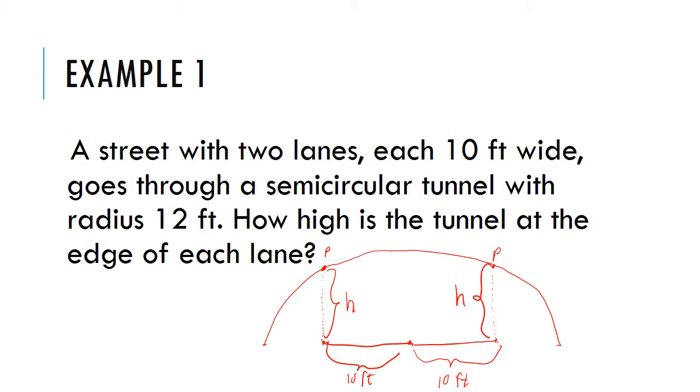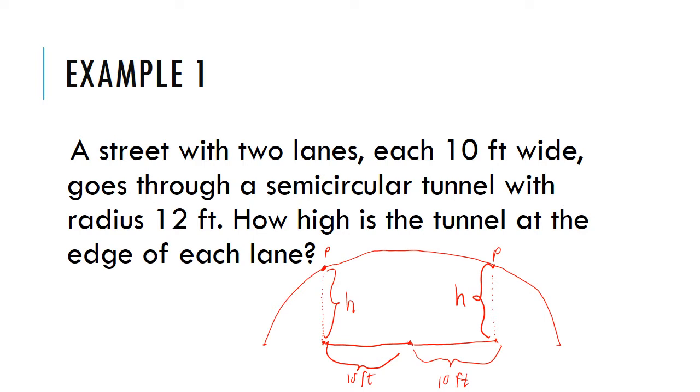So how are we going to answer this question? Because it is a semicircular tunnel, it is half a circle, we can express the tunnel as an equation in the Cartesian plane. That is, we are going to plot the semicircular tunnel together with the two lanes in a Cartesian plane.